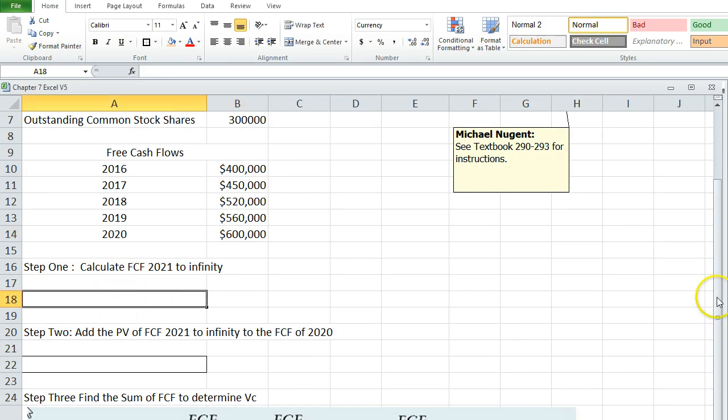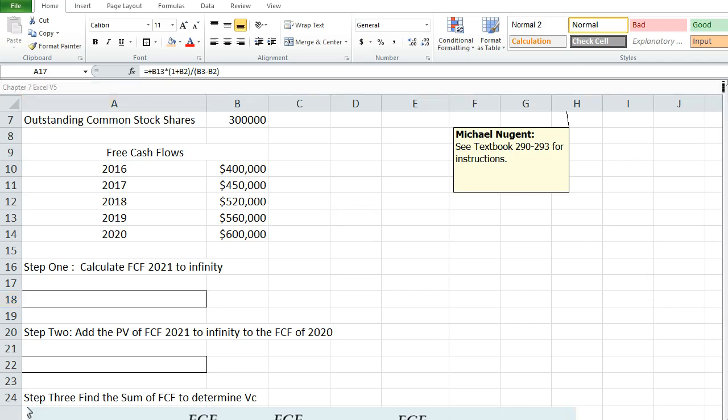So we want to calculate that free cash flow, and the way to do it is we're going to take B13 and multiply 1 plus B2, divided by B3 minus B2. That formula is basically free cash flow 2021 divided by the rate minus the growth factor.